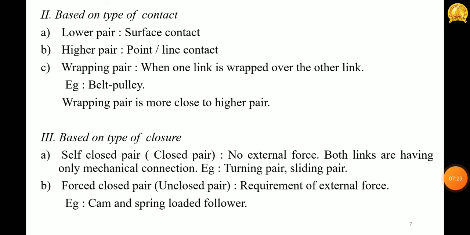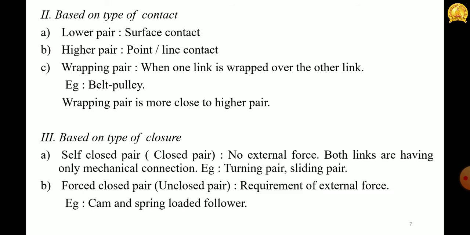Now, based on the type of contact, kinematic pairs are classified as lower pair, higher pair, and wrapping pair. A lower pair is a pair of links having surface or area contact between the members. Example, nut turning on a screw, shaft rotating in a bearing, or pair of slider crank mechanism.